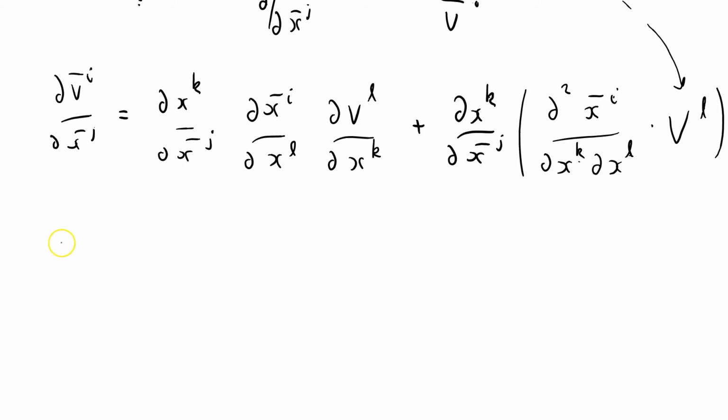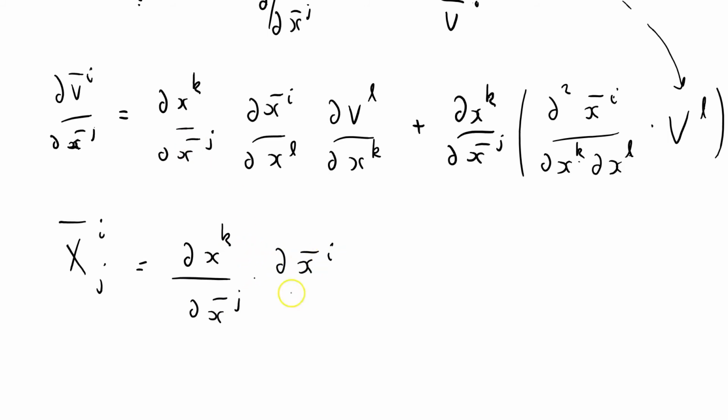Let me write out what we've got so far. This is my tensor ∂v̄^i/∂x̄^j equals ∂x^k/∂x̄^j, I'm just copying that, that's that term, times ∂x̄^i/∂x^L, that's that second term there, times ∂v^L/∂x^k.